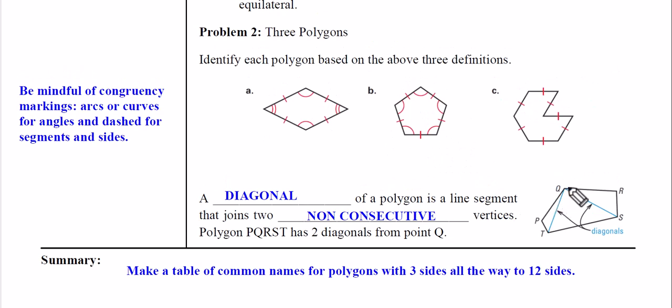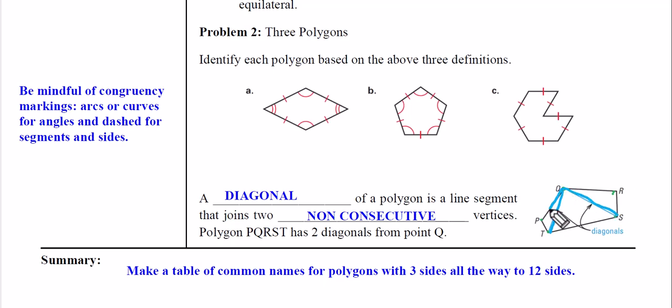If we were to pick a vertex, so for example, if we pick vertex Q for this polygon PQRST, and we were to draw a line segment from this vertex to other vertices, these are called diagonals. Now, we're drawing, for example, from here to here and from here to here.